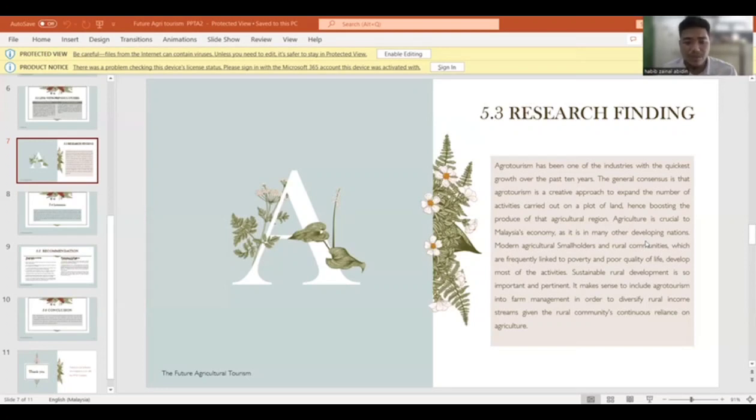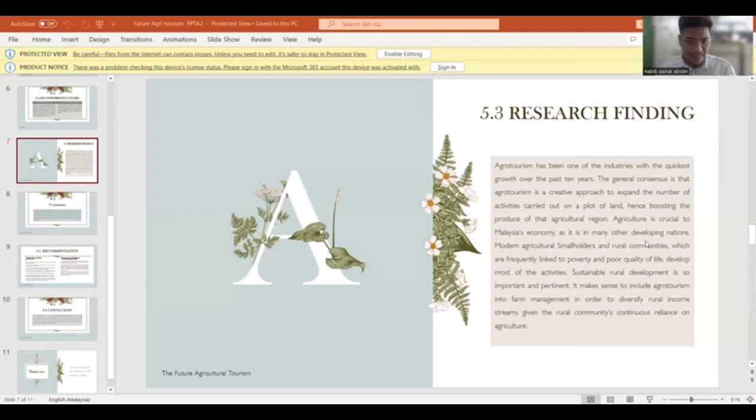The results demonstrate that Malaysia is lagging behind its neighbors in terms of agritourism growth and success. In addition to the poor infrastructure and services in rural regions, frequent difficulties in creating farm-based tourism include limited capital among farmers and a lack of knowledge of this specialty.